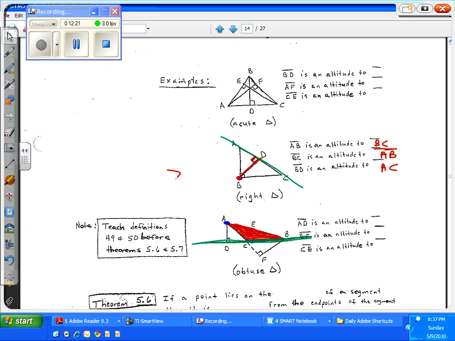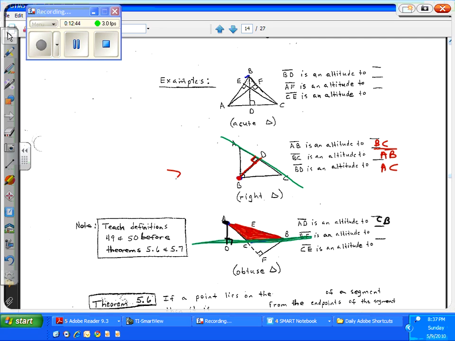Now, from that vertex, perpendicular to the line containing the opposite side is out here. So AD is an altitude to side CB, and it didn't even hit CB. It hit the line containing CB. See that?